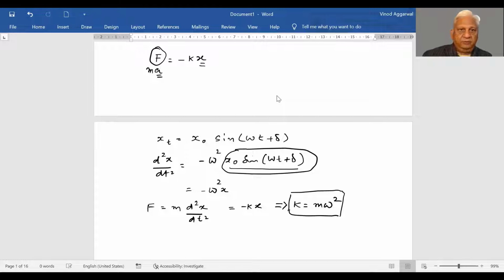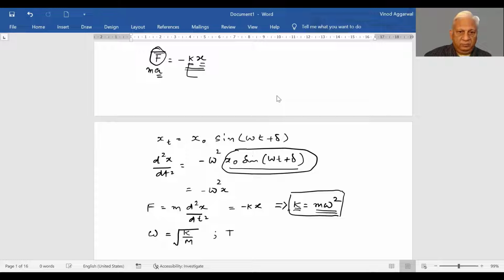That if we express our force in terms of kx, where k is the proportionality constant, then this proportionality constant is equal to mass times omega square. Okay, or omega is equal to square root of k by m.